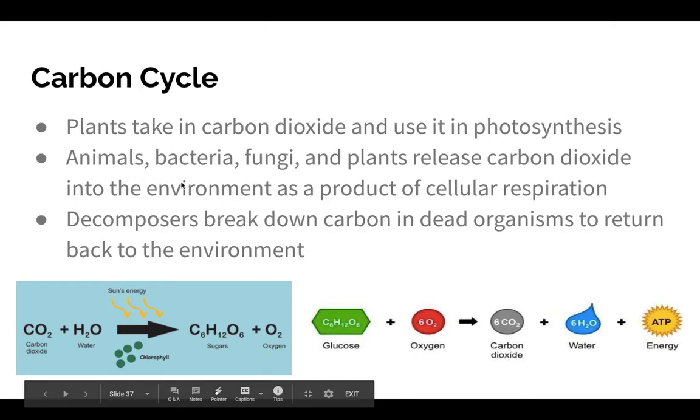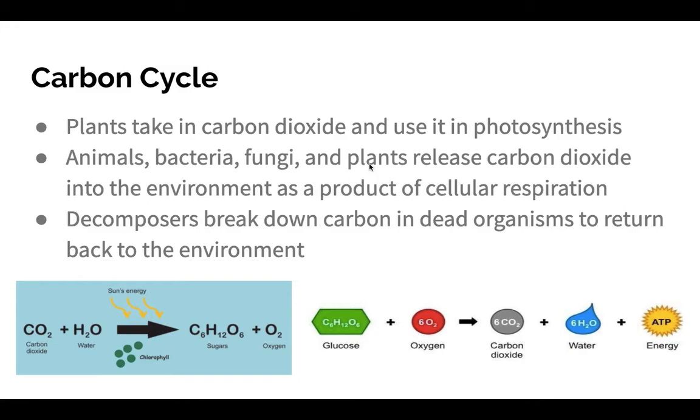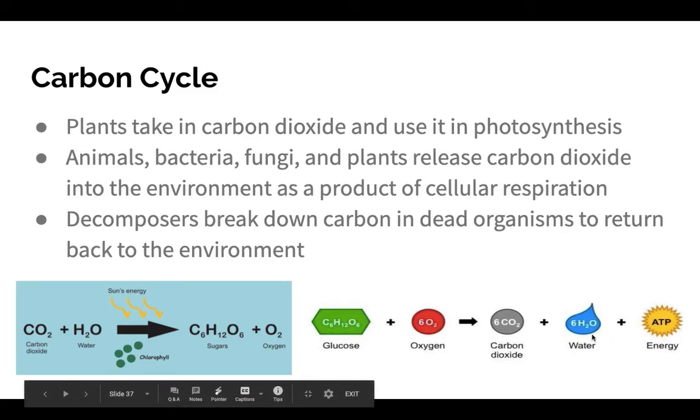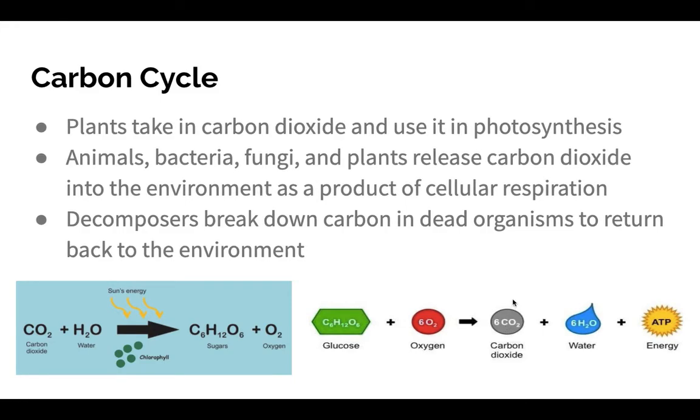Once animals, bacteria, fungi, and the plants themselves go through cellular respiration, they release some of that carbon into the environment. So down here is the formula for cellular respiration. So we start with glucose and oxygen. There's that carbon, those C atoms, goes through cellular respiration, and here they are back in the form of carbon dioxide, floating out into the atmosphere.